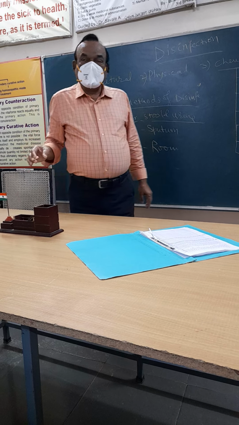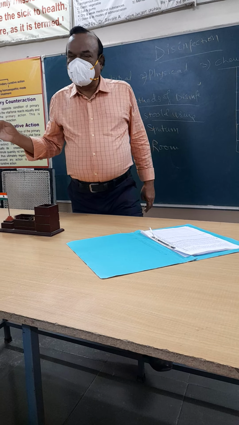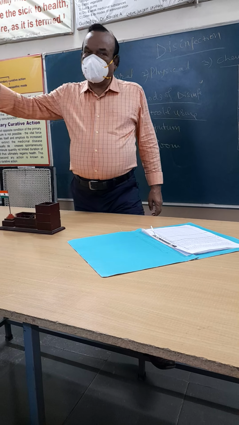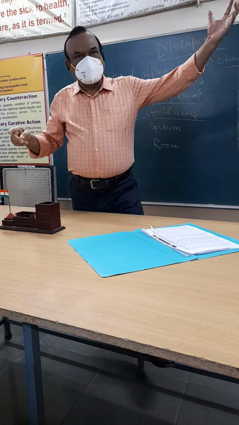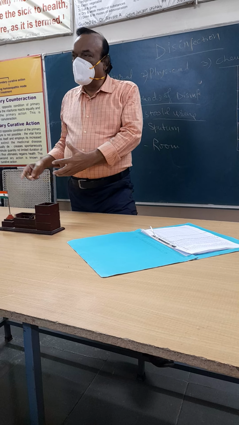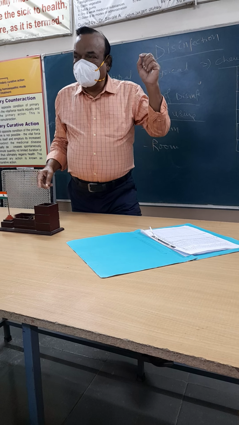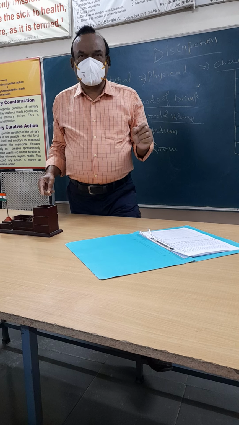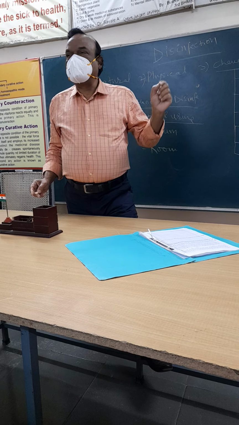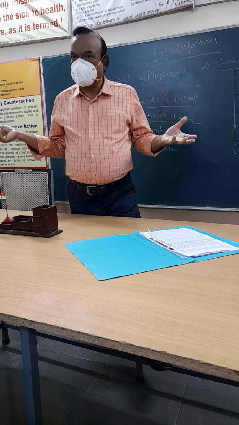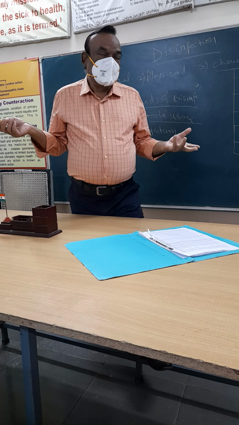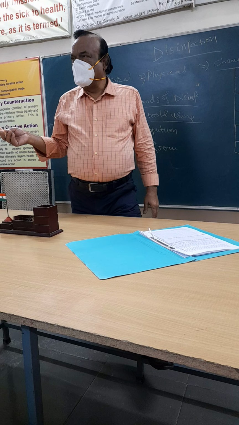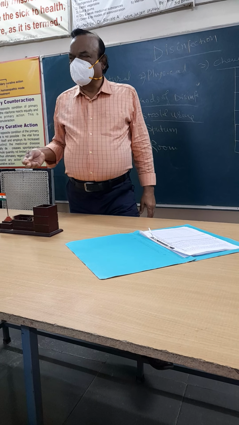Now, disinfection of a room. The disinfection of a room is carried out, number one, by keeping the windows and doors open. Allow the sun rays to come inside the room so that the ultraviolet rays disinfect it. The advantage is that this is free of cost, no money is required. The disadvantage is that it takes a long time, that's why this is not used.